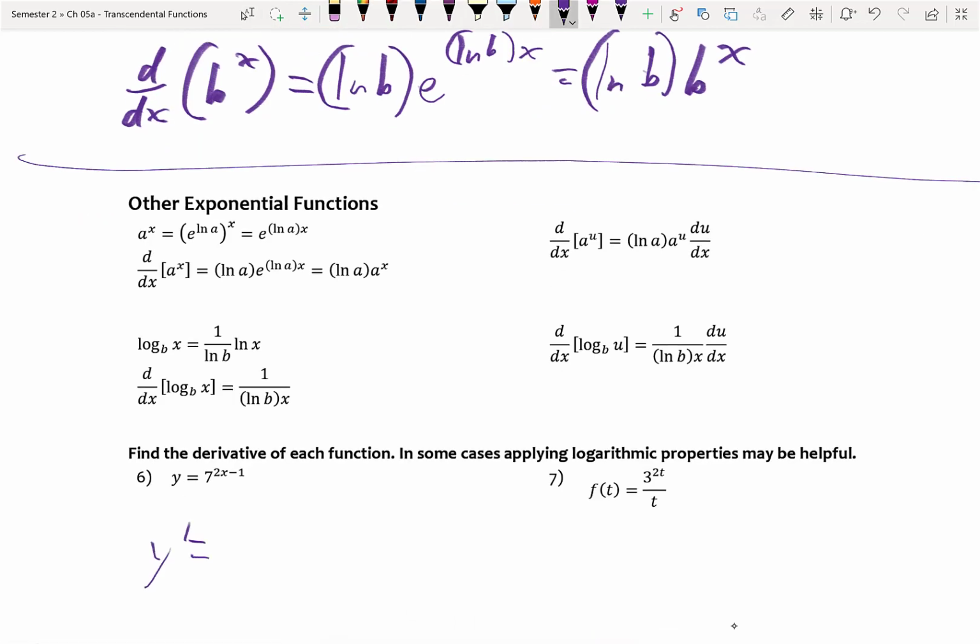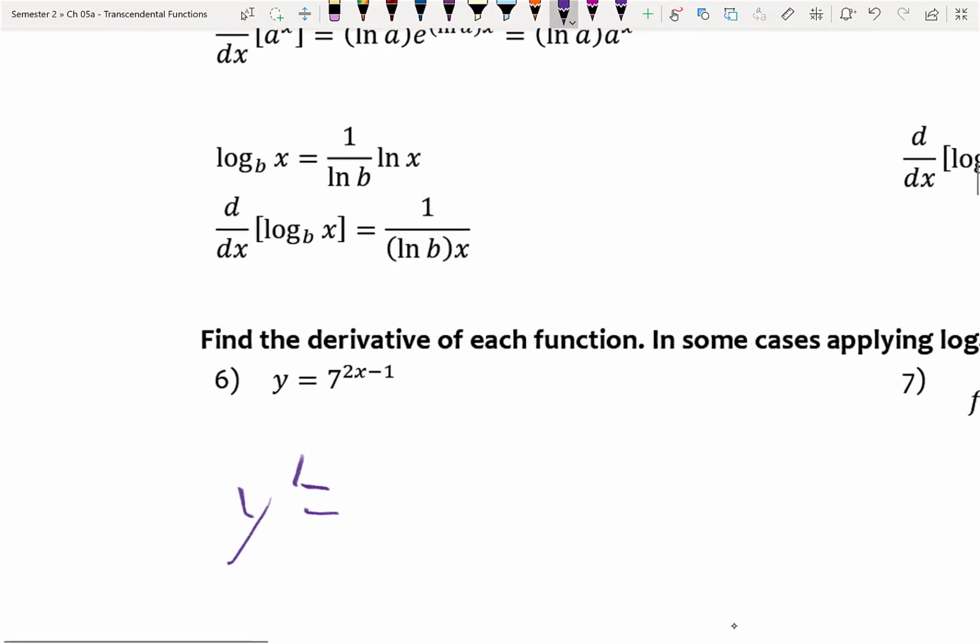If I take y prime of this, I'm going to take the derivative of the exponent. So the derivative of 2x is 2. Then I'm going to multiply this by the natural log of the base, ln of 7. And then I'm going to multiply that by the entire exponential again, 7 to the 2x minus 1.